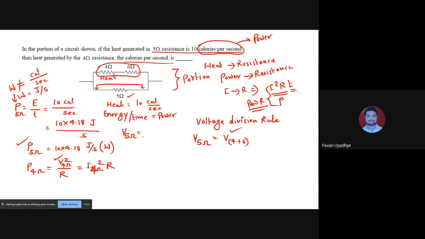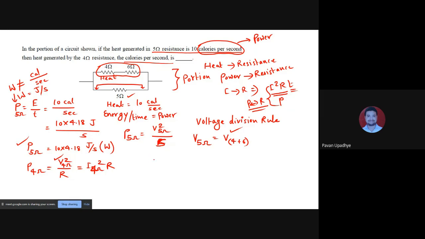The voltage across 5 ohm can be found out by using this formula. The formula was as simple as the already discussed thing. The same formula can be rewritten for 5 ohm. So P of 5 ohm has got the relationship V square of 5 ohm upon R, and R is 5 in this case. So what we know is, we know the value of P 5 ohm.